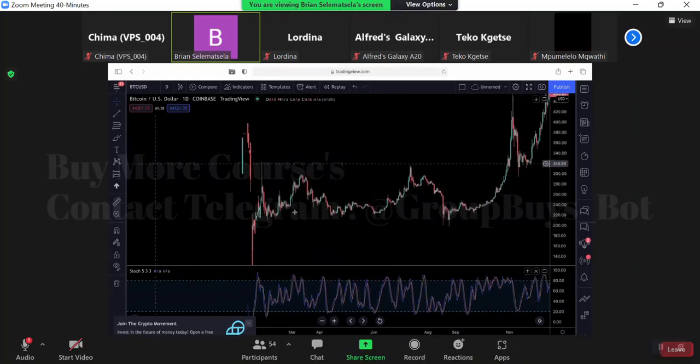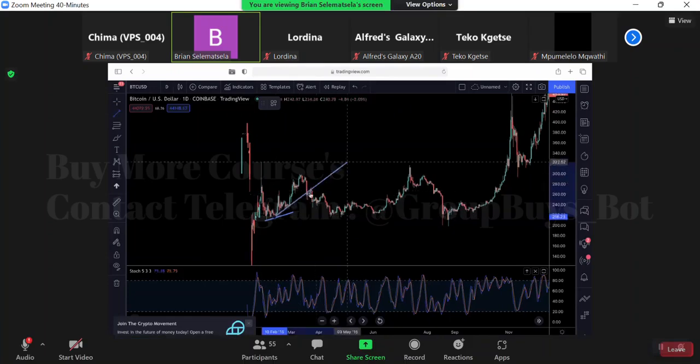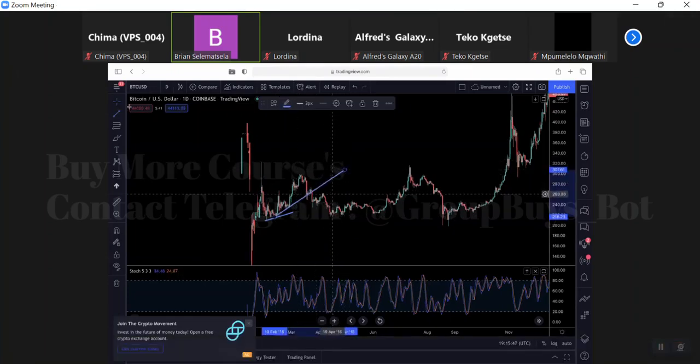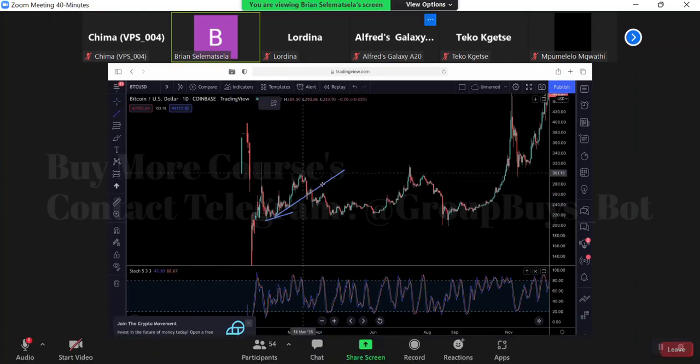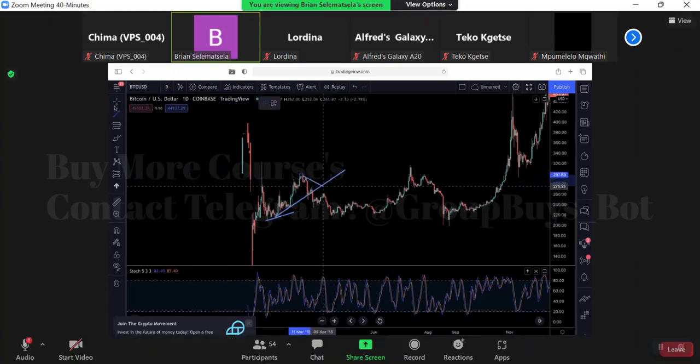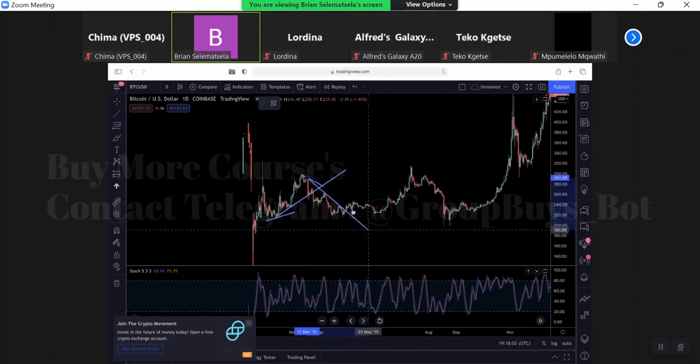It doesn't matter how the chart is. The market is the same anywhere. So you could have had an opportunity to place a sell there. Another one. Another one, you can see you had an opportunity to place a buy here.